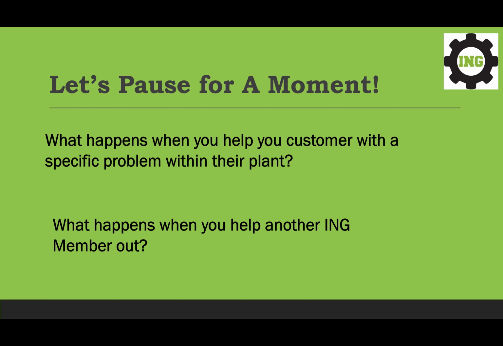So when they're looking to purchase what you're selling or providing, they're going to put you at the top of the list because they see you as a resource. And guess what? What happens when you help your other members out? Guess what they start doing? They start helping you out. If you've never gotten anything from the ING, maybe it's because you've never given anything to another member.